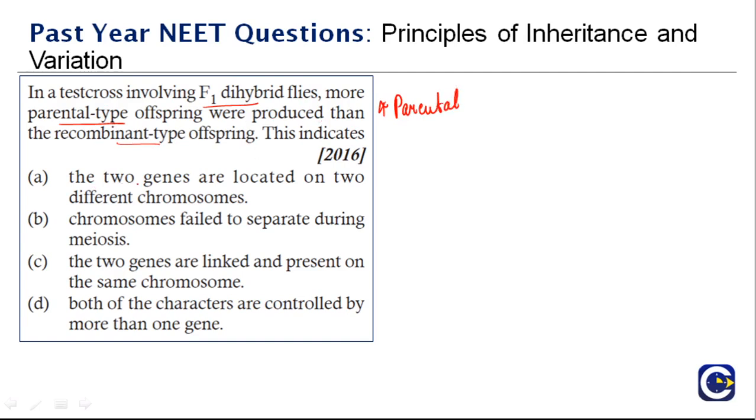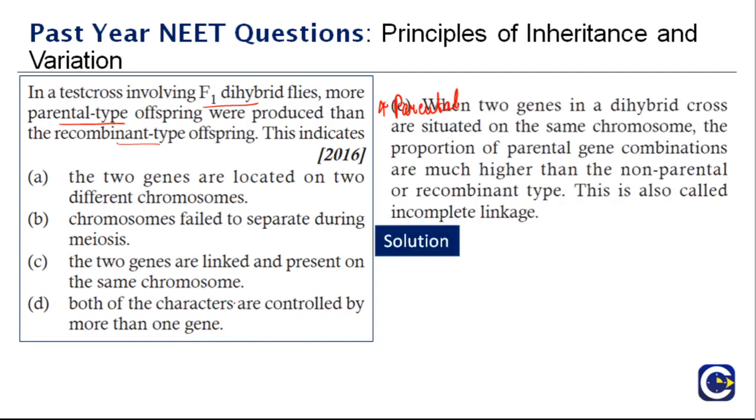The options: the two genes are located on two different chromosomes; chromosomes fail to separate during meiosis; the two genes are linked and present on the same chromosome; both of the characters are controlled by more than one gene. What is the correct answer here? The correct answer here is C.